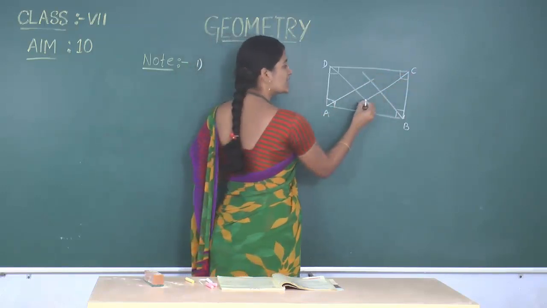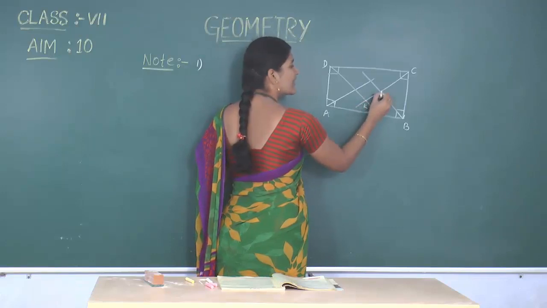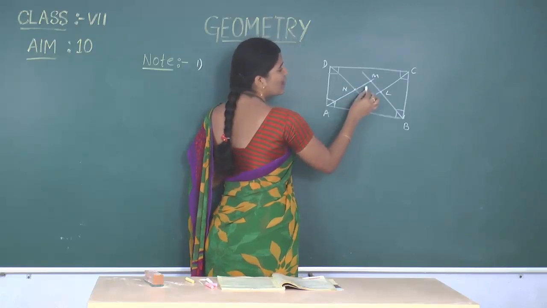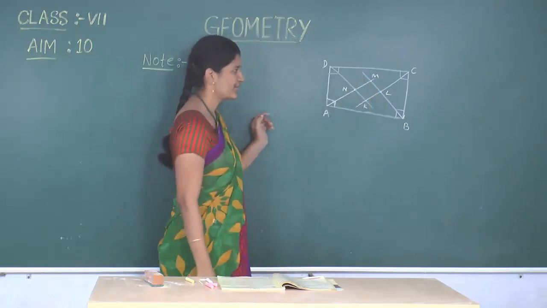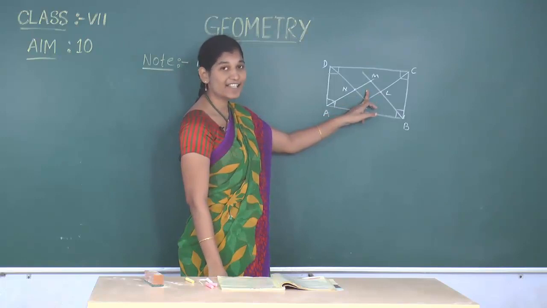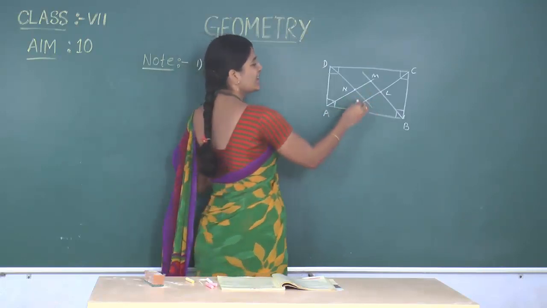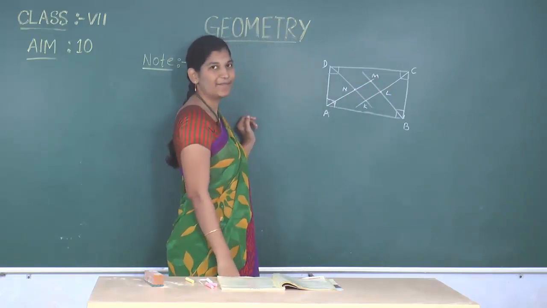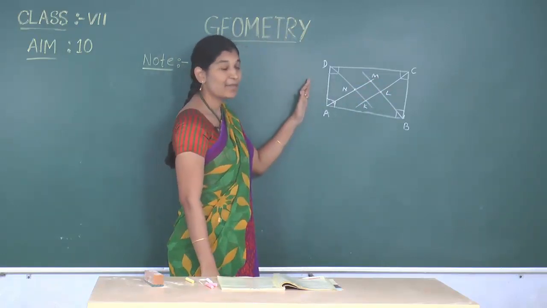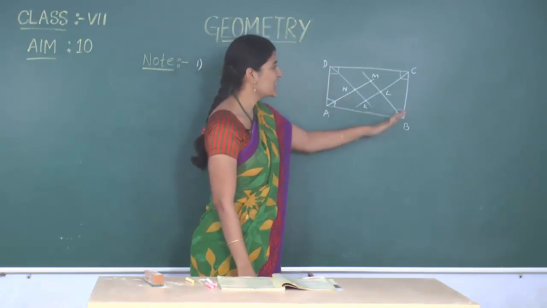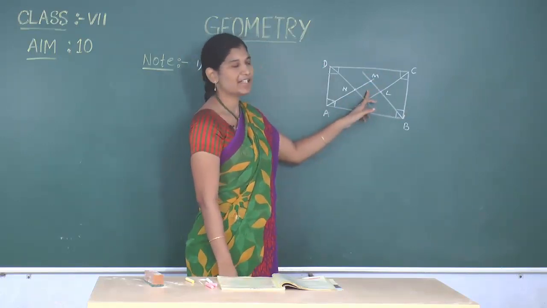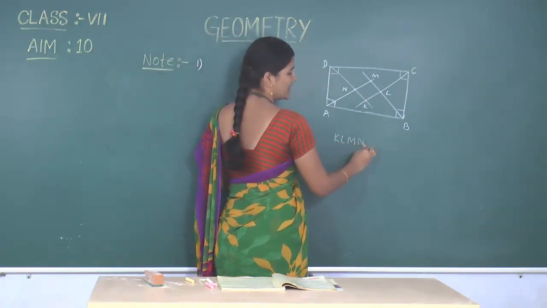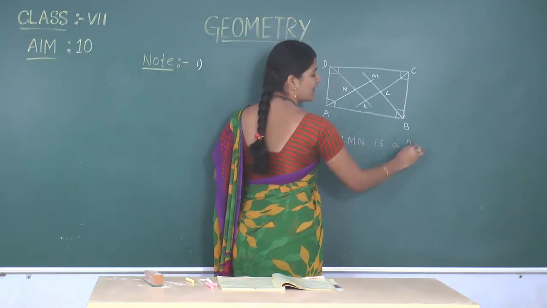If the angular bisectors all meet at some K, L, M, N, what does this figure say? Yes, here KLMN is a parallelogram. In a rectangle, the bisectors of the angles form a parallelogram. Here KLMN is a parallelogram.